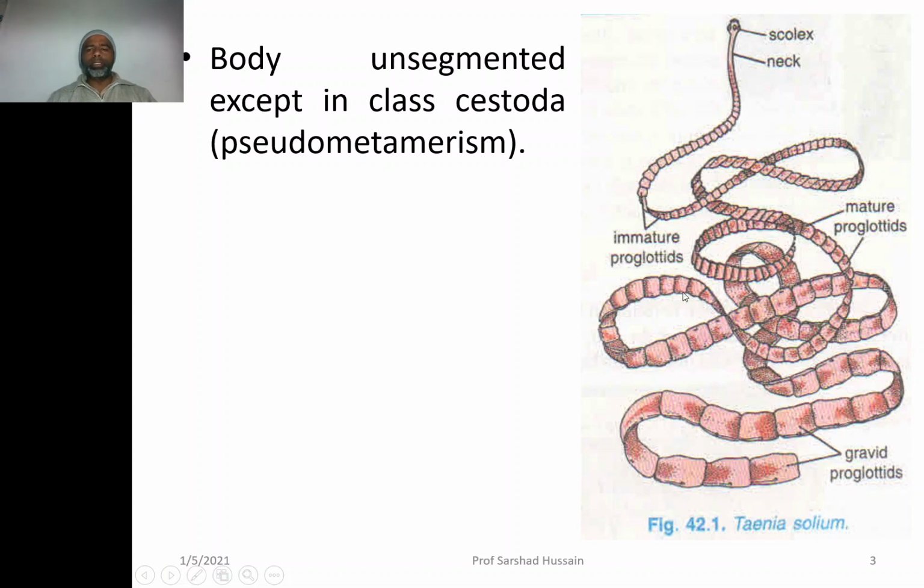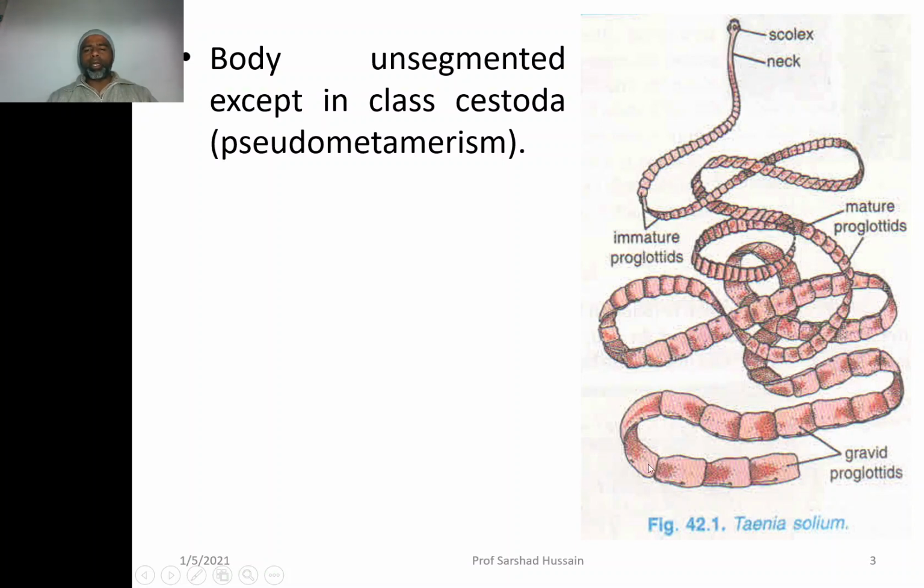Pseudo-metamerism means these segments are false segments. So why are they called false segments? Because these segments are formed at the anterior end, at the neck region, then they grow backward, and from the posteriormost portion, they may separate out from the body and go to waste.